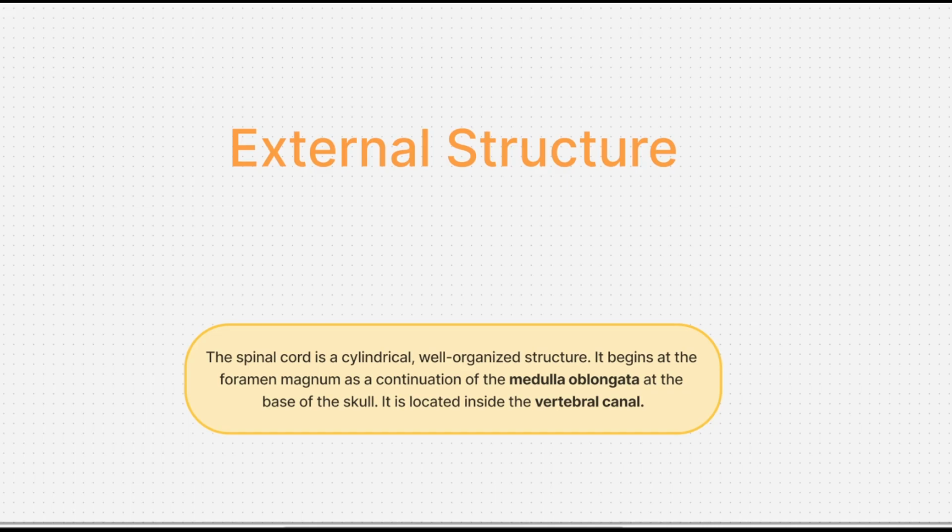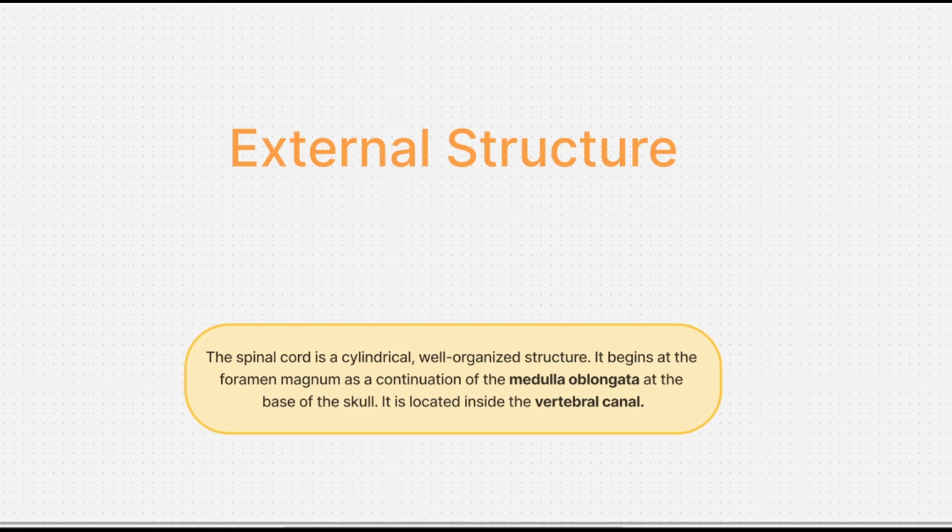Particularly, it's a continuation of the medulla oblongata, which is the terminal part of the brainstem. We're gonna talk about the brainstem in another video, but just know that the medulla oblongata is the last part of the brainstem, and then it continues as the spinal cord, and it passes through something called the vertebral canal.